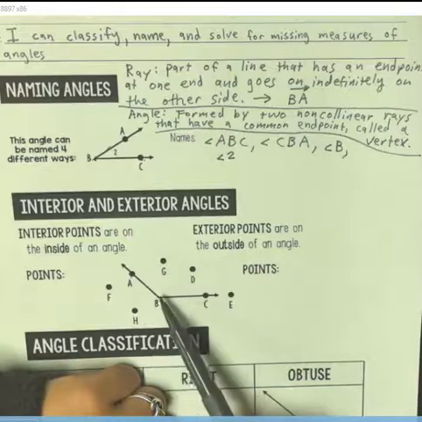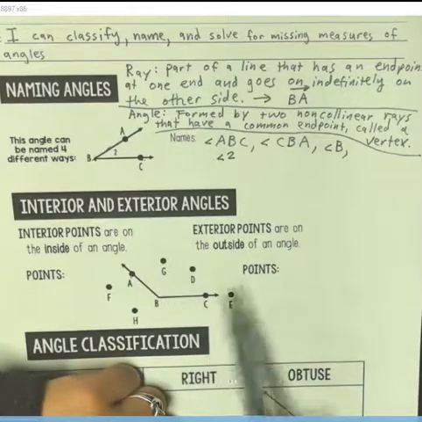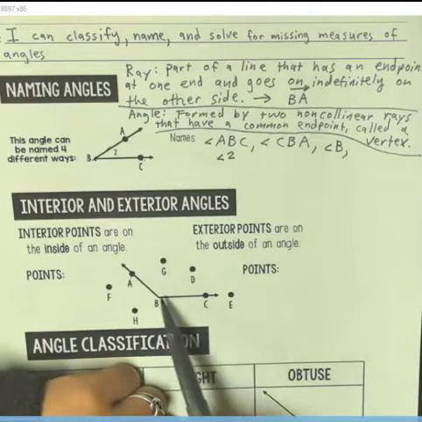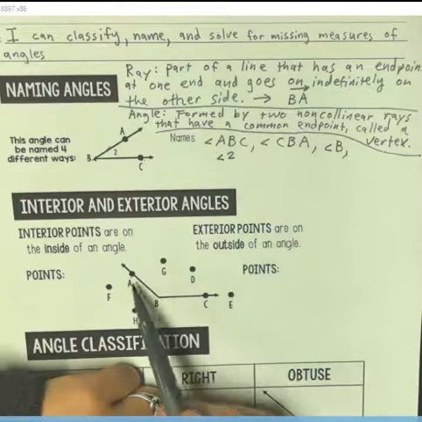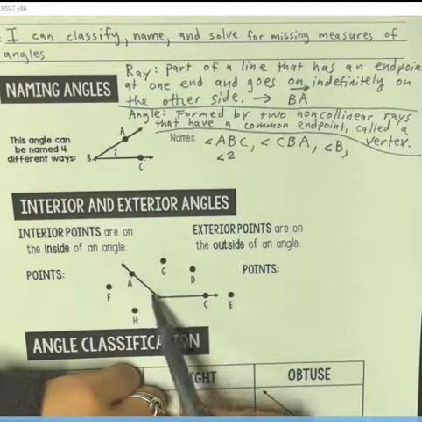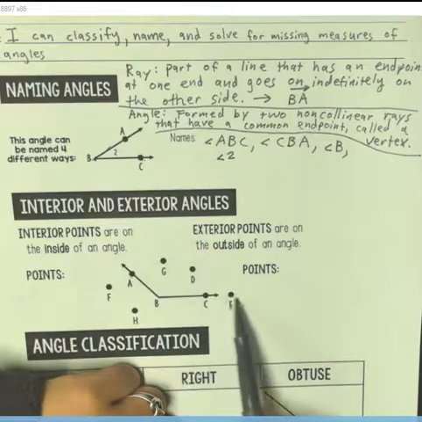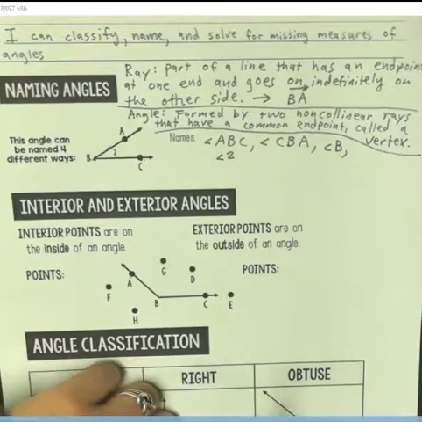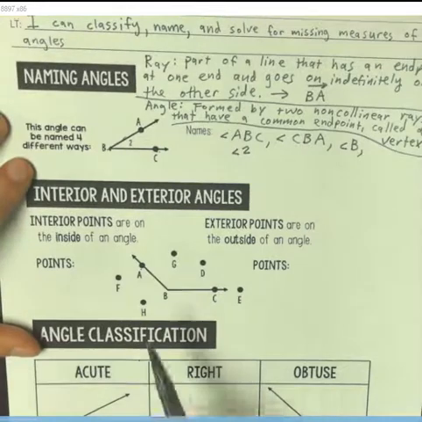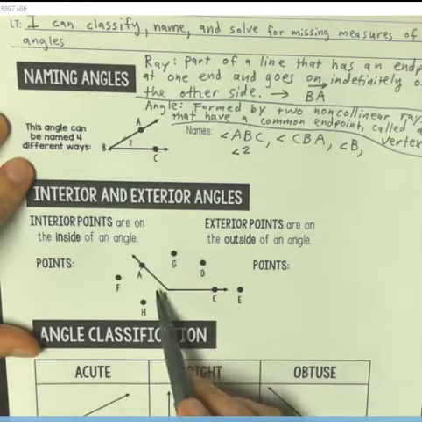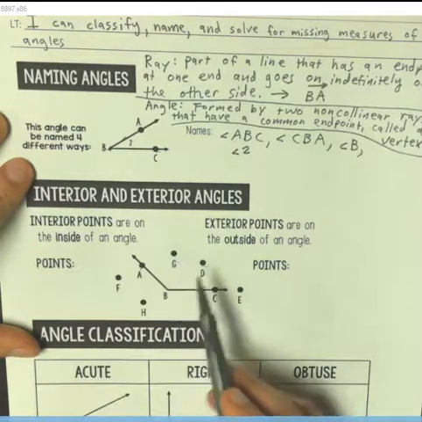No. Those points are neither interior nor exterior. These are points that are on the line. Okay, you can see that they're on this line right here, and they're on this line right here. So they're not interior or exterior. So interior points for angle ABC are points G and D.